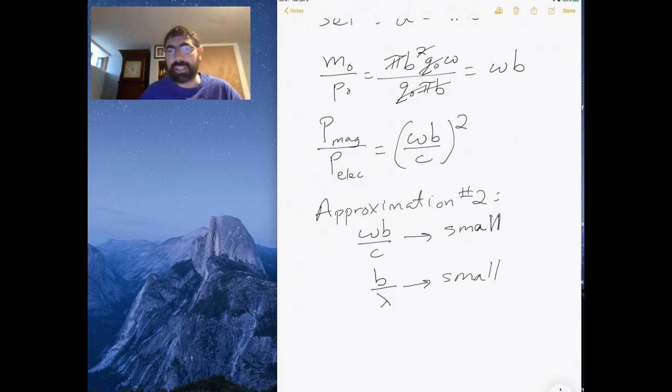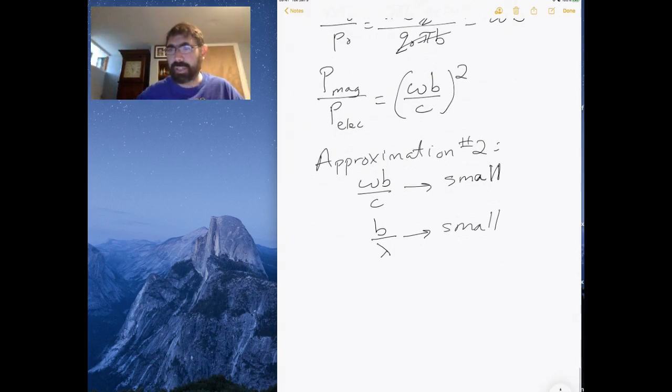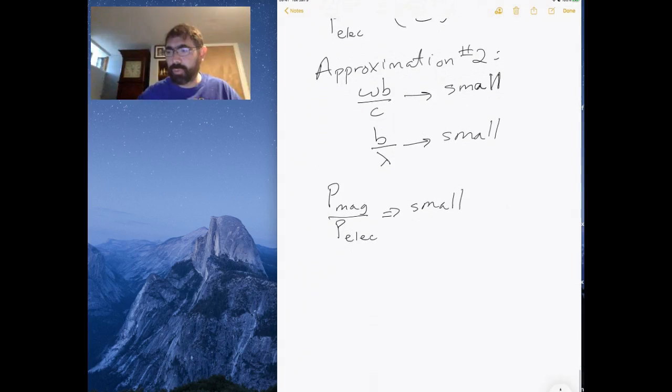In that case, the ratio of the powers of magnetic dipole to electric dipole is small squared. So that means that this is a small quantity. Or, put another way, the power from a magnetic dipole is much smaller than that of an electric dipole, given that all the conditions are the same.